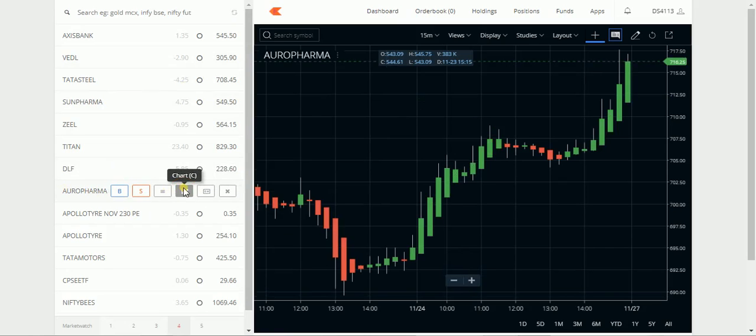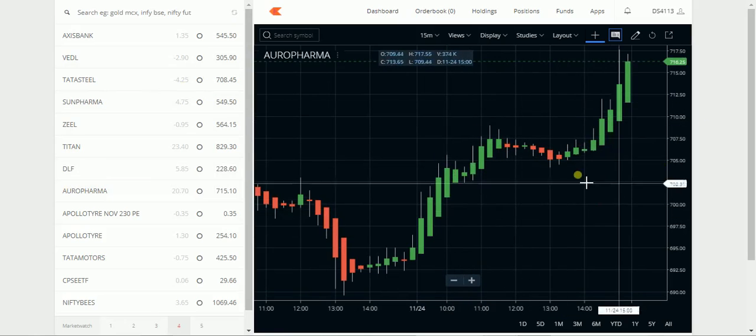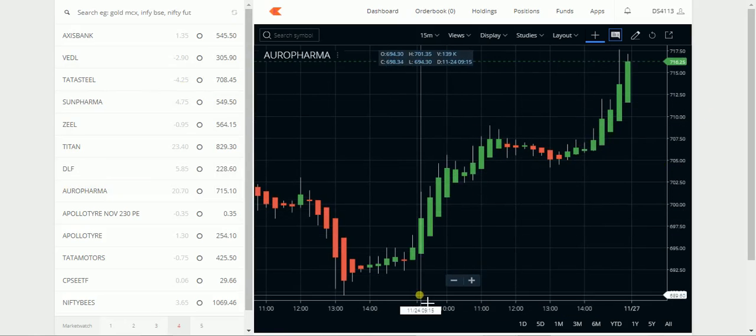Let me load up the chart. As you see, this is Oro Pharma, and on 24th November it was very much bullish. We will also see a bearish one. So Oro Pharma, 24th November, 9:15 candle. Let's see the 9:15 candle.